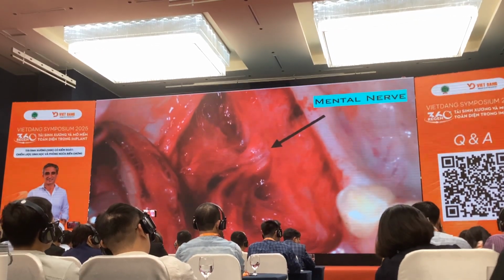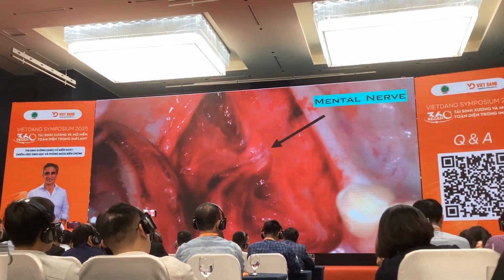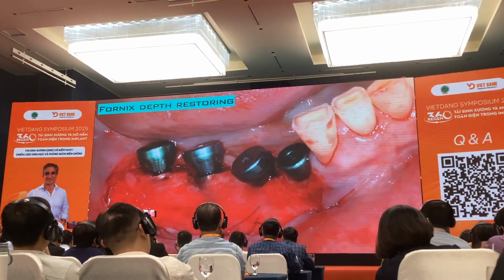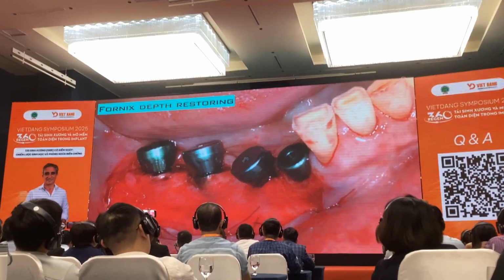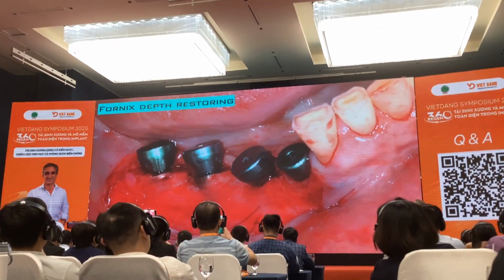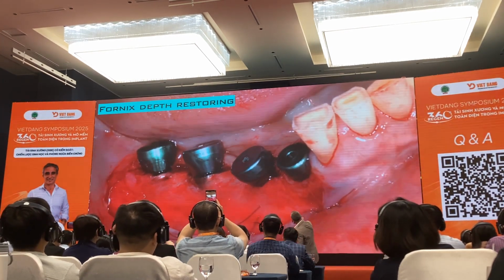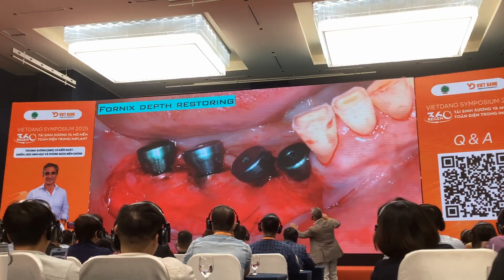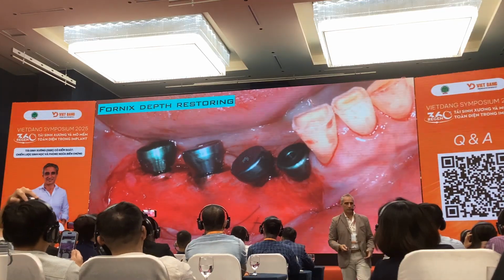The nerve is here, my suture is here, but it doesn't engage the nerve. So we place the mucosa on the level of the nerve. I protected the nerve with my sutures, and I left free the periosteum bed or vascular bed.